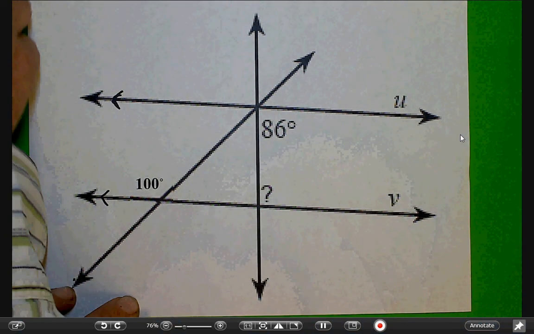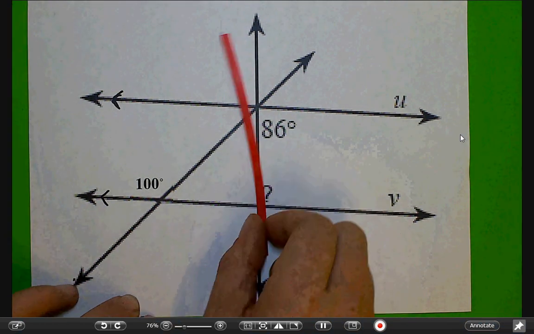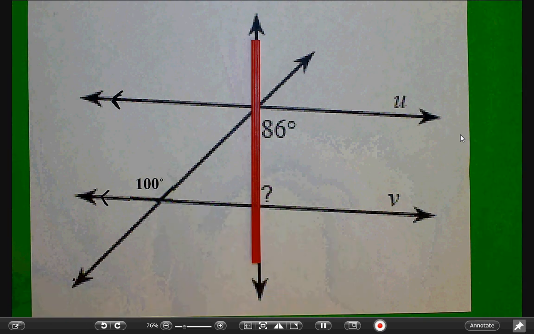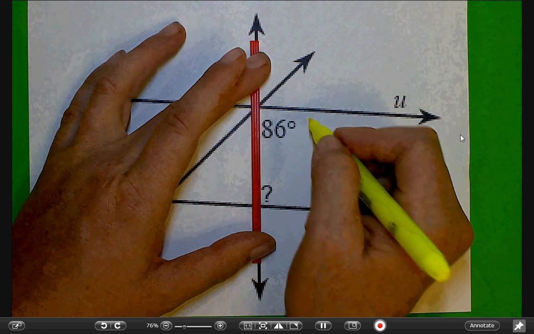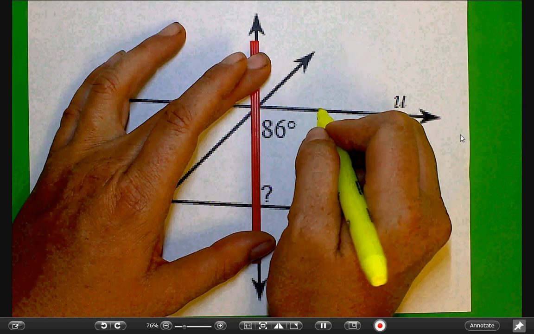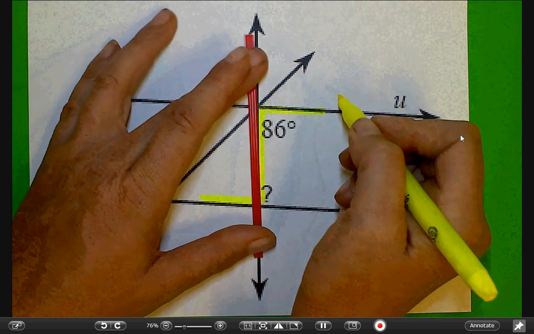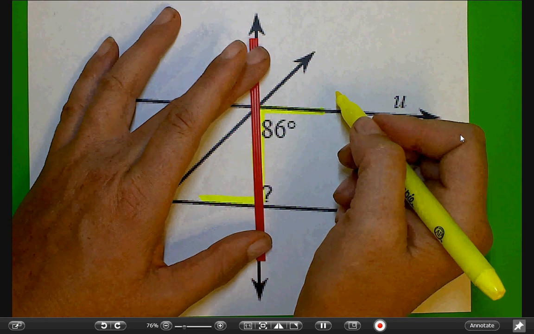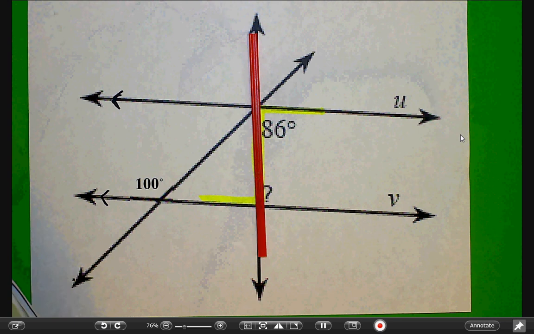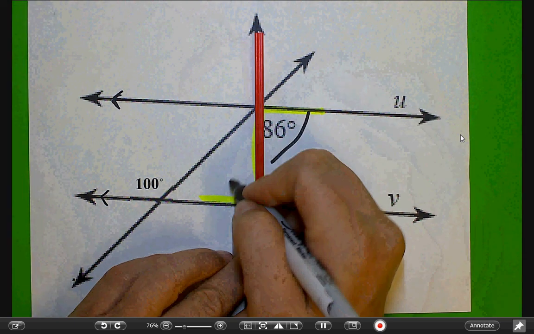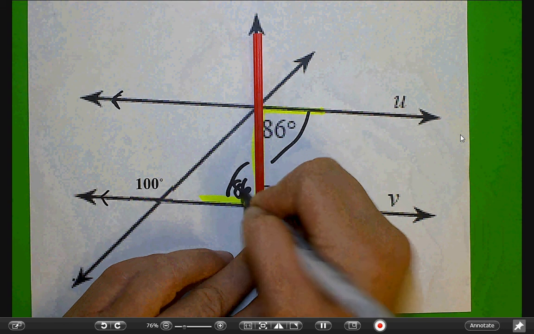We have two stir sticks. So I'm going to start with this one stir stick here. Following that stir stick, I'm going to do armpits of the Z. Those are always equal. So armpits of the Z. There's my armpit of the Z. That means if this is 86, this is also 86.